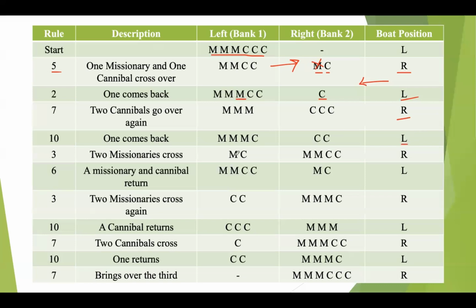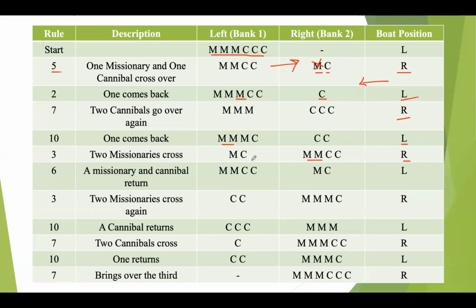After that, we are taking 2 missionaries towards the right side. So if you take the 2 missionaries here, then towards the right side of the river, now we have 2 missionaries and 2 cannibals, and the boat is towards the right side.